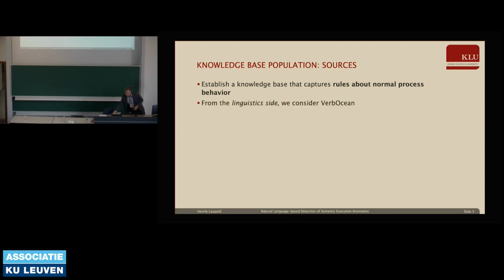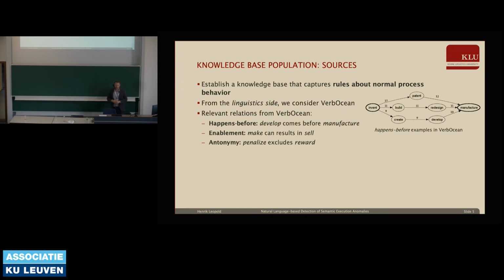Sorry, I have to click here. On the linguistic side, we use something called VerbOcean. VerbOcean is pretty interesting. It captures relations between verbs. There's an example, and I hope you can read it. On the left-hand side you have invent, and on the right-hand side you have manufacture. What VerbOcean captures is that there are certain happens-before relations.